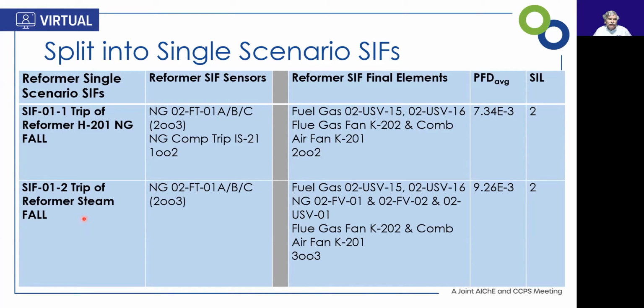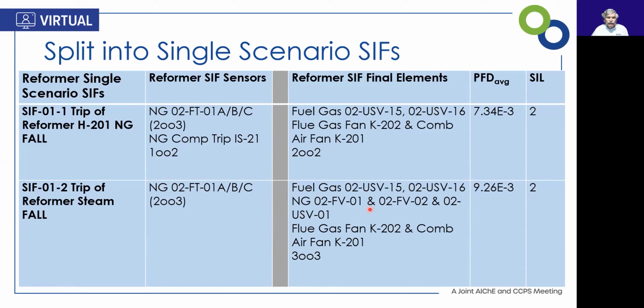And if we lose the reformer steam, or we have low flow of steam to the reformer, then we can detect that from the natural gas feed to the reformer steam, because that's in ratio with the steam flow. And we have 3 transmitters voting 2 out of 3.